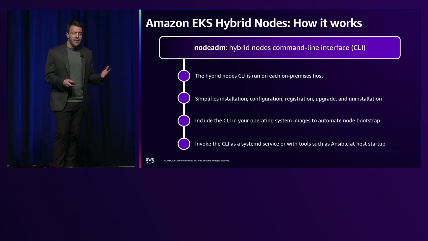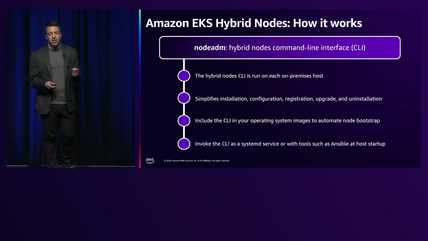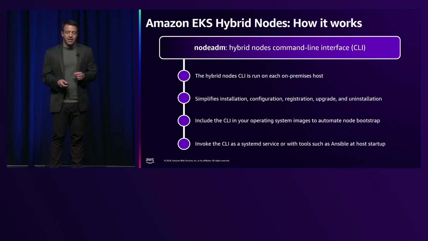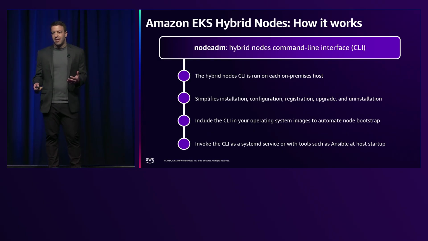So you'll run Node ADM on each of your on-premises hosts to simplify the installation, configuration, registration, upgrading, and uninstallation of your hybrid nodes. We enhanced Node ADM to work with arbitrary infrastructure and select operating systems.